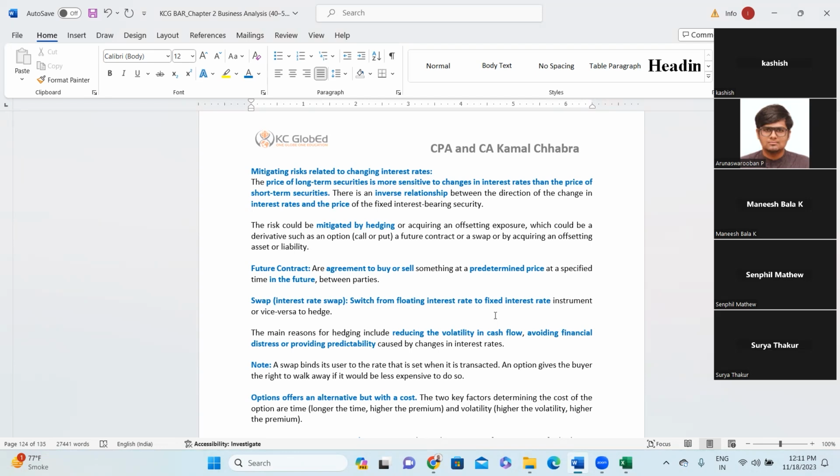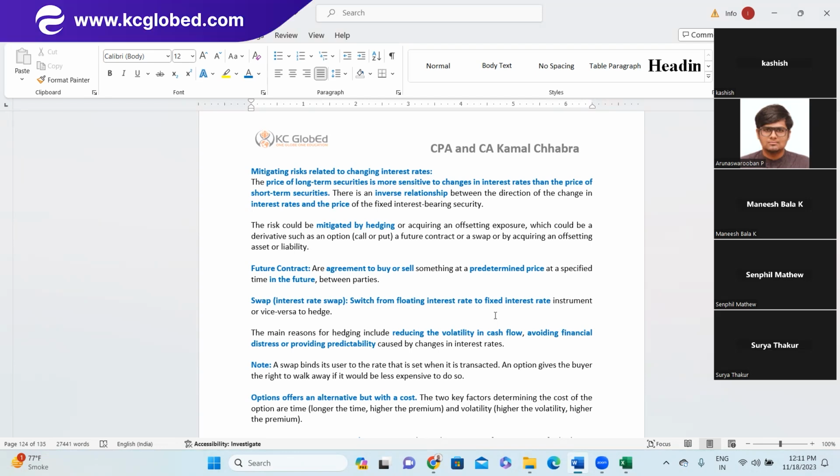The price of long-term securities is more sensitive to change in interest rate than the price of short-term security, because in the long run there is a high probability that interest rate will fluctuate, whereas in the short run you can predict, right? Hence, the price of the long-term security is more sensitive to change in interest rate than the price of short-term security.